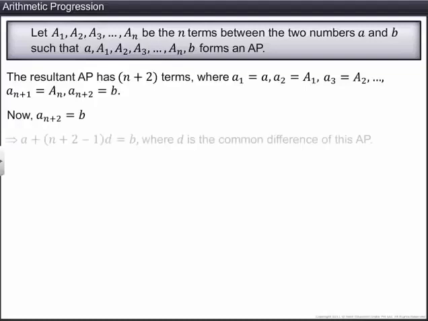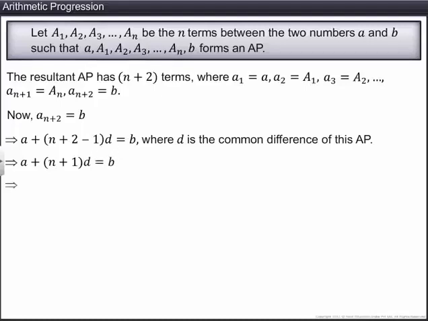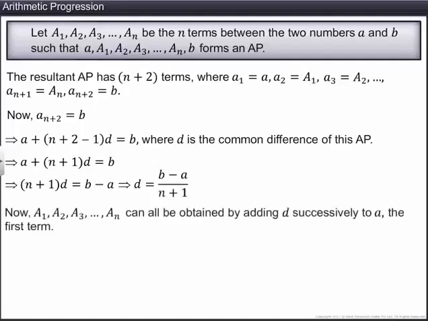This implies a plus (n plus 2 minus 1) into d is equal to b. It further implies that d is equal to (b minus a) upon (n plus 1). Now the inserted terms can be obtained by adding d successively to the first term.